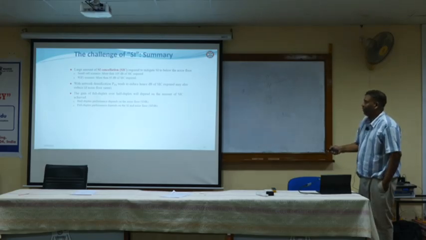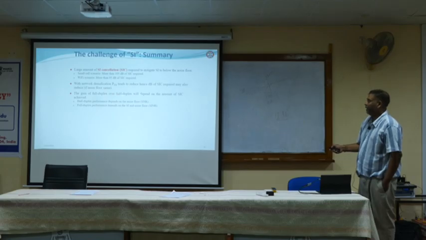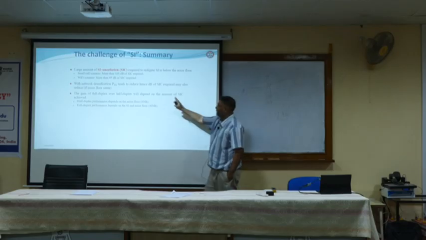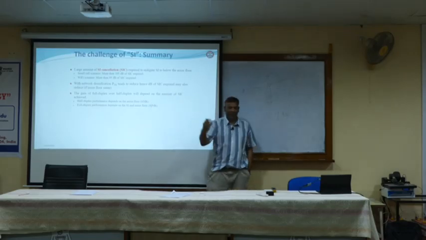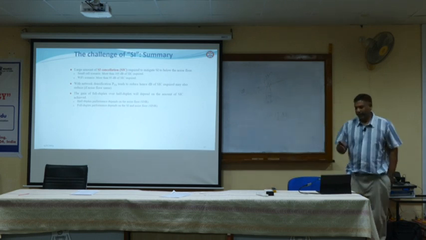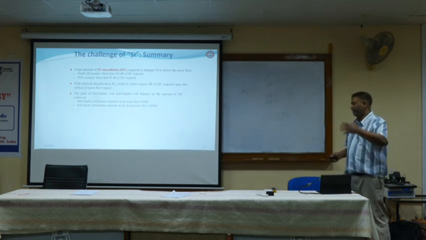The gain of full duplex over half duplex depends on the amount of self-interference cancellation. If we can cancel it, we will enjoy double the spectral efficiency. If we don't cancel it, then half duplex is better than full duplex.